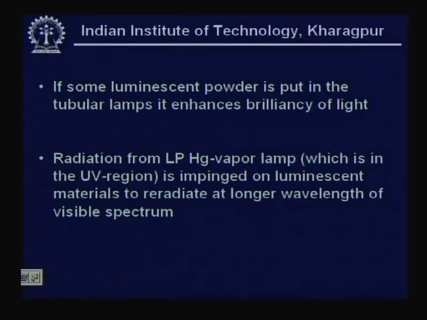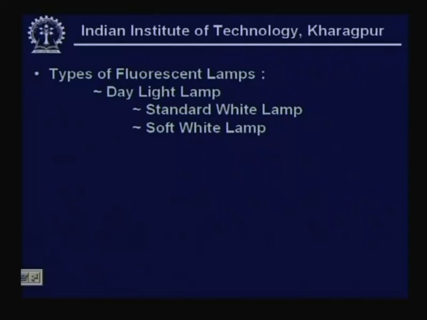Radiation from the low pressure mercury vapor lamp is allowed to radiate at longer wavelengths. We have seen extensively how phosphors react. They have a peak sensitivity, a sensitivity band, an emission peak and an emission band. Keeping all this in mind, we found some of the phosphors that are used.